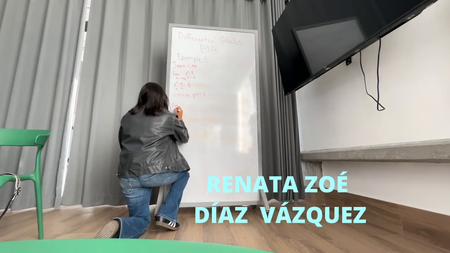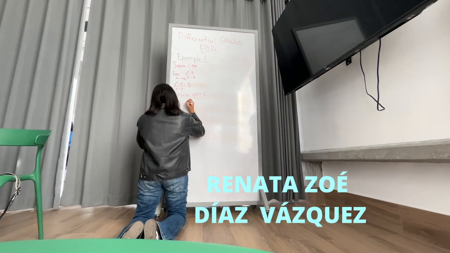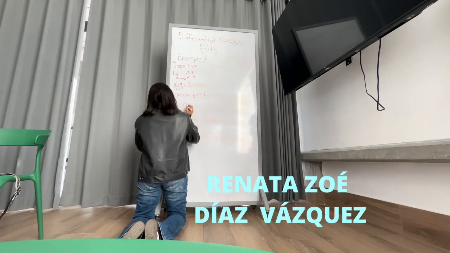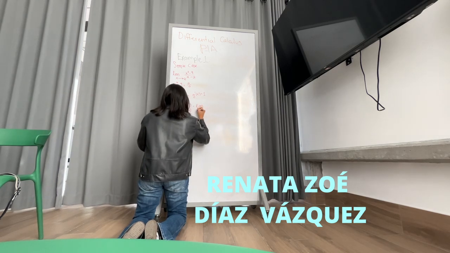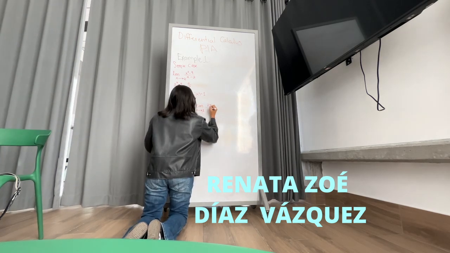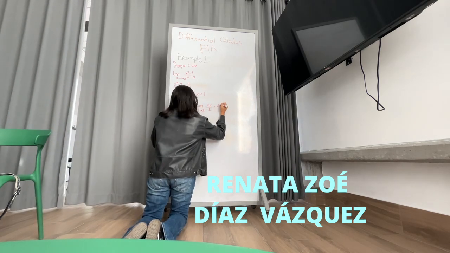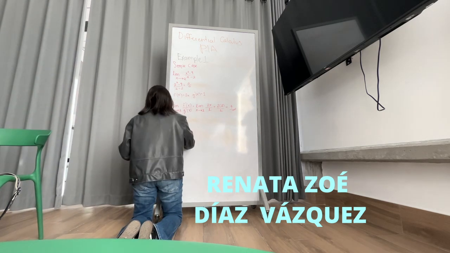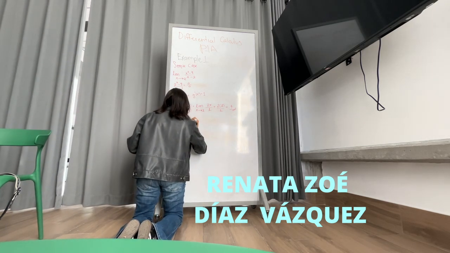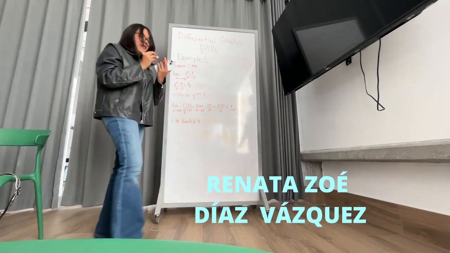Then we substitute into the formula, derivative of f over derivative of g. So we have 2x over 1, and we substitute the 2 for x. So it's 2 multiplied by 2, which is 4, so the limit is 4.